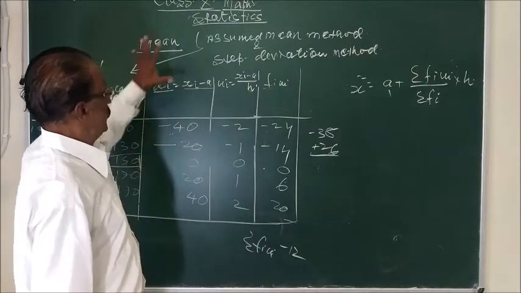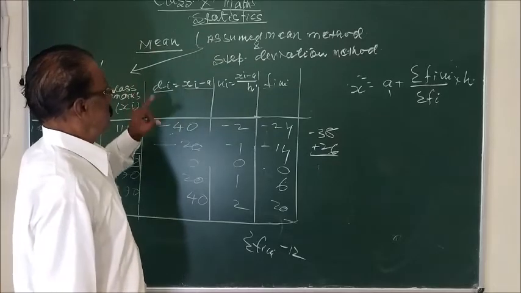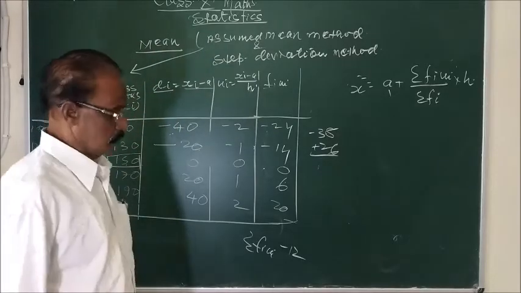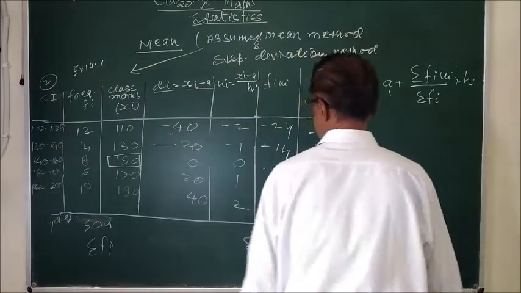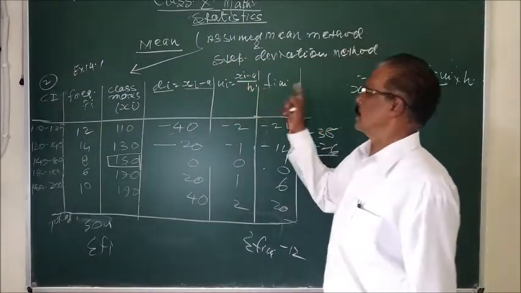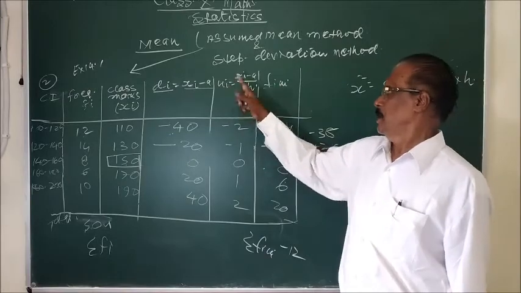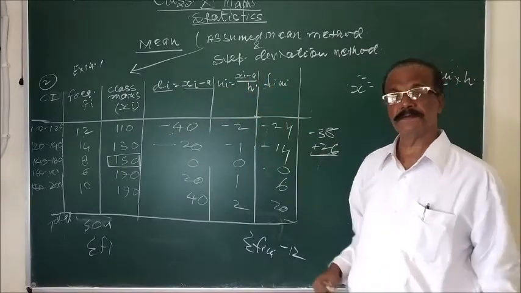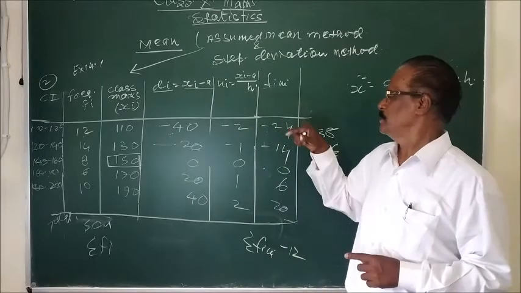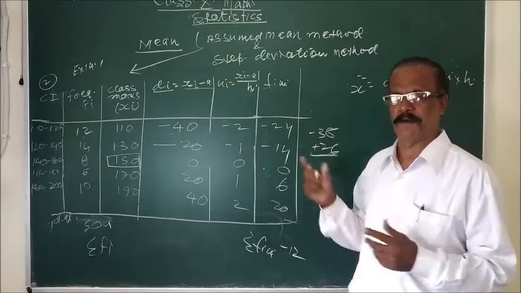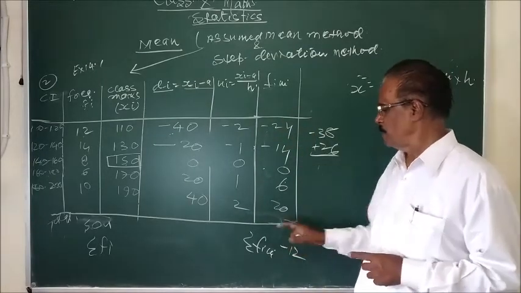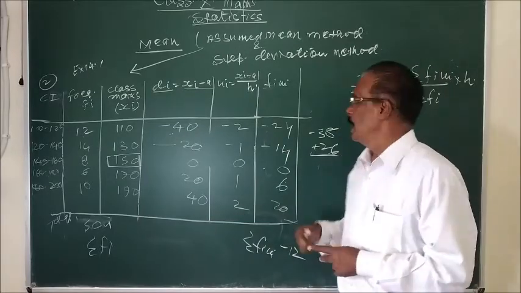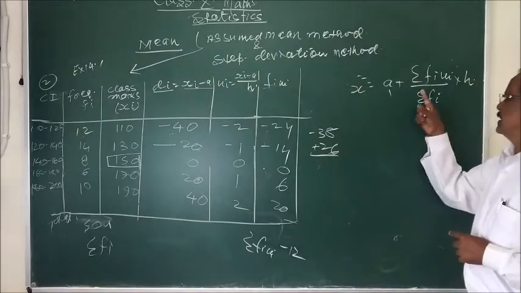So that was the assumed mean method. In the step deviation method, the same question I am solving, but two more columns are used here. ui, the deviation divided by the class size, that is ui, and this is the product of frequencies and ui, and you find the sum, and you have already found the sum of frequencies, and you put these values here.